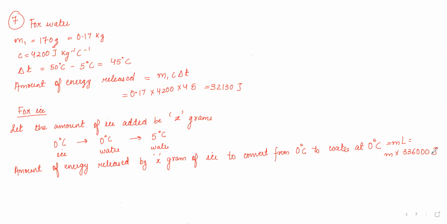Okay, and then the same thing, children, amount of energy released by x gram of ice to convert from water at 0 degree to water at 5 degrees is equal to M into C into delta T. Instead of mx, children, take this as M so that this will be easy.